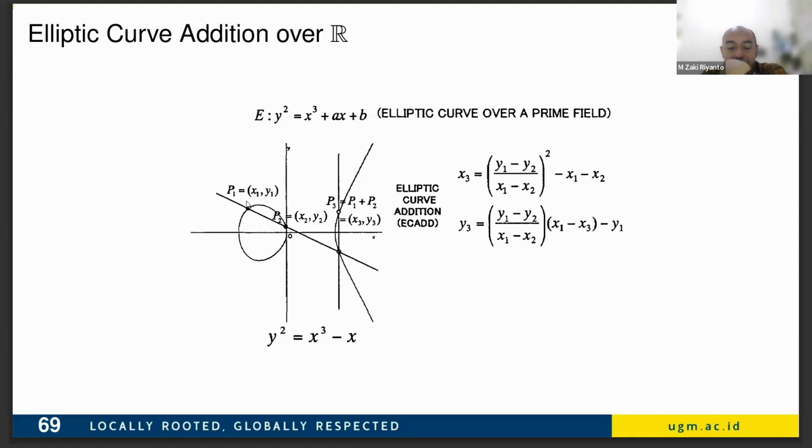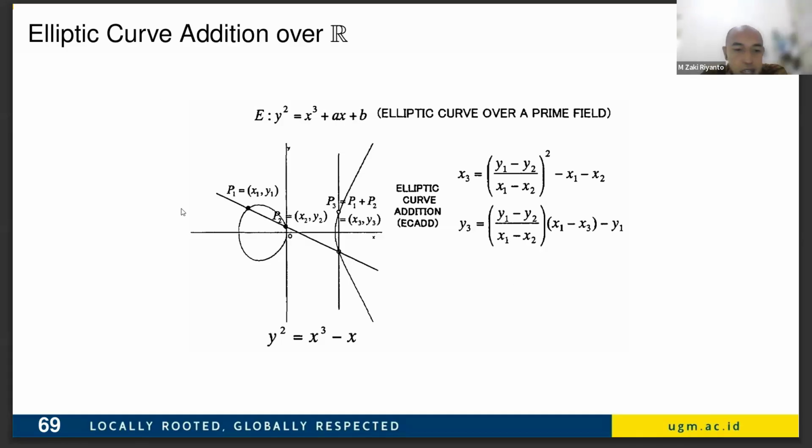We make a line through those two points, and then the line will cut another point on the elliptic curve, and then we reflect it on the x-axis, and we have the result, that is the addition of those two points.